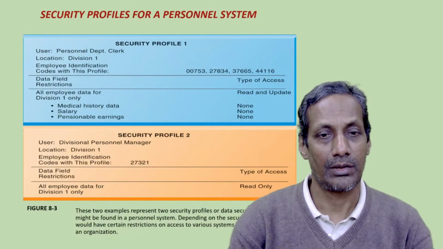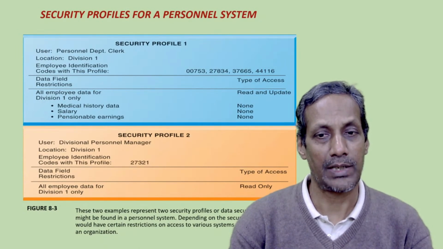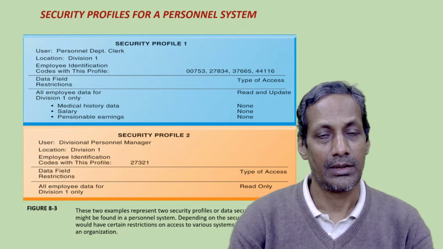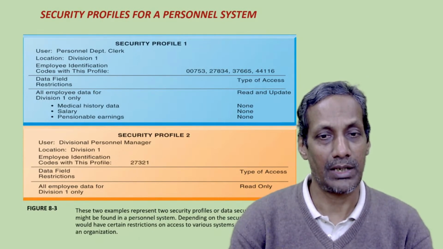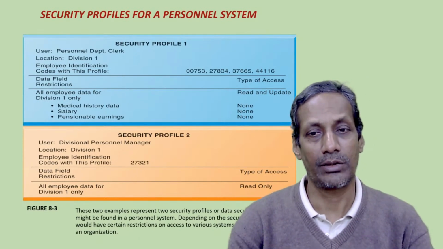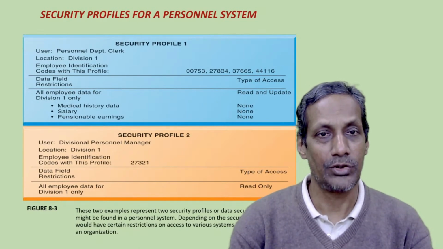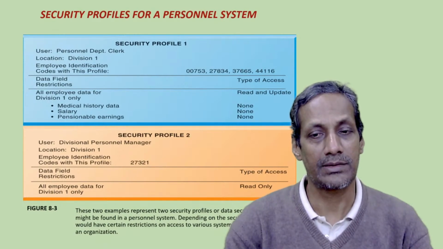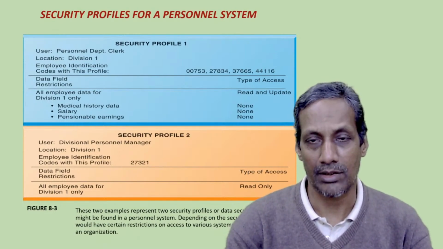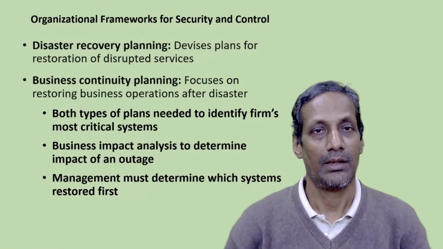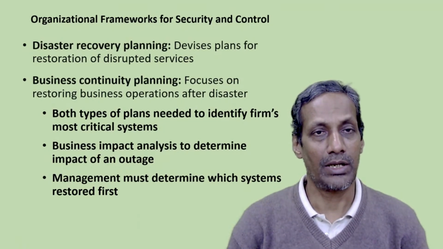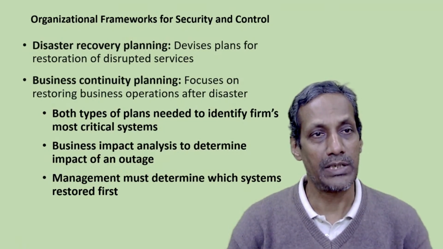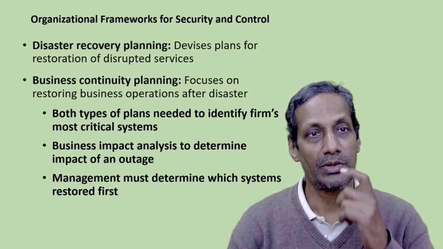This shows two examples which represent two security profiles or data security patterns that might be found in a personnel system, an HR system. Depending on the security profile, a user would have certain restrictions on access to various systems, locations, or data in an organization.